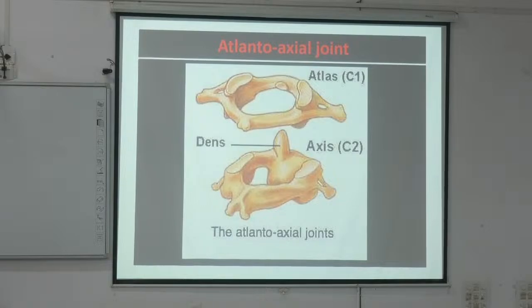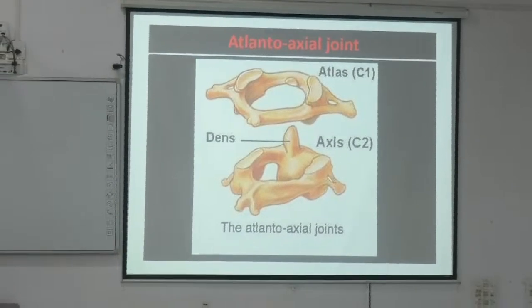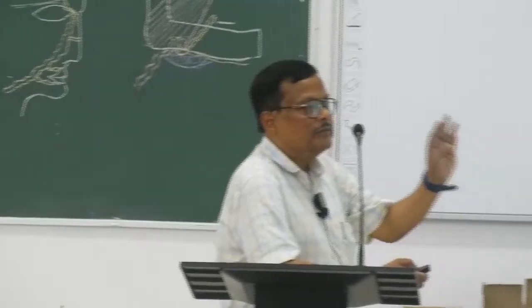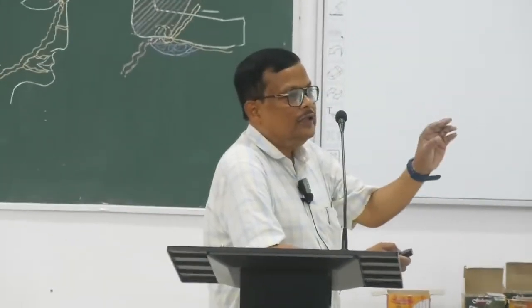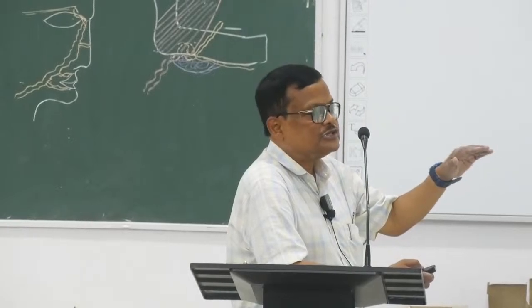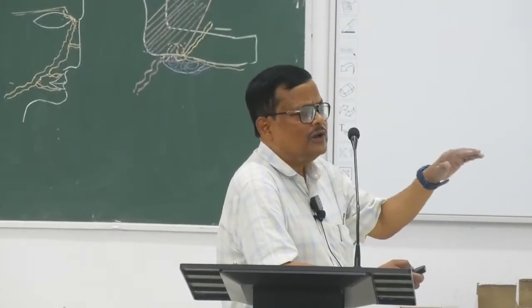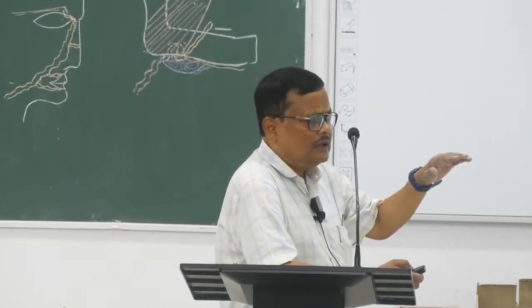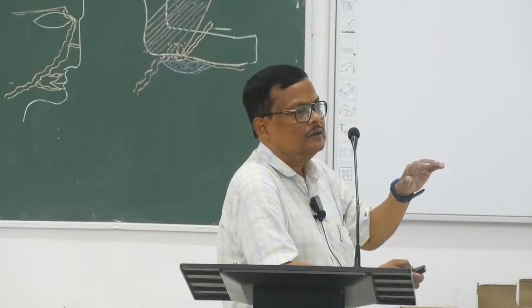Let me repeat the atlanto-occipital joint in one line: it is a synovial ellipsoid type of joint, right? Occipital condyles with the superior articular facets of the lateral mass of the atlas vertebra.